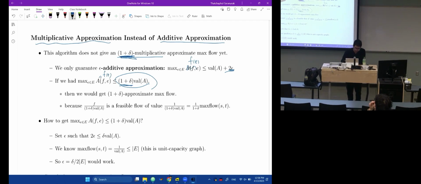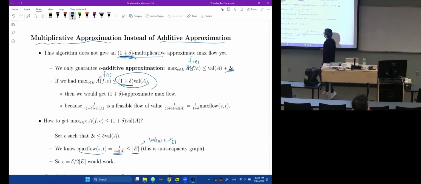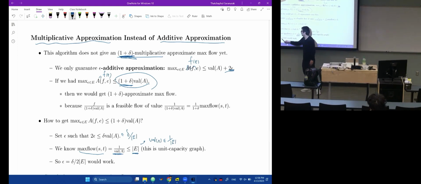Well, first of all, you know that max flow from S to T, which is 1 over the value of the game, is at most E. So it means that the value of the game is always at most 1 over E. So this thing is at most delta over E. So if you set epsilon to be small enough, like delta over 2E, then you're done.